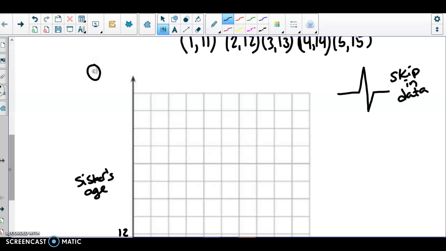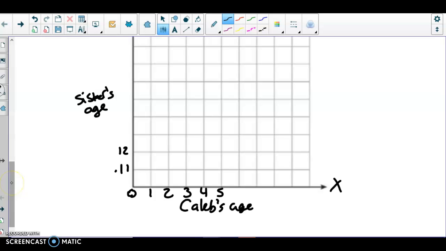You need this when you are not counting by ones. When I was going from 0 to 1, I was counting by 1, so I didn't need a skip in data. When I go from 0 to 11, it's kind of like I want to say 1, 2, skip a few. So I'm going to use my skip in data. Now I can count by ones: 11, 12, 13, 14, 15, and I could continue on if I wanted to.